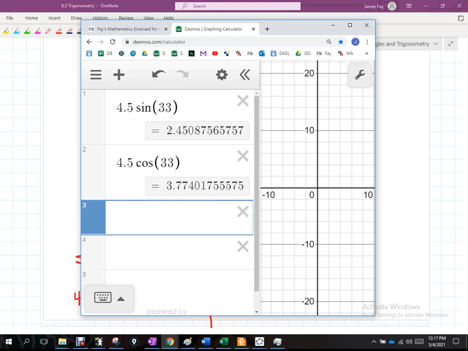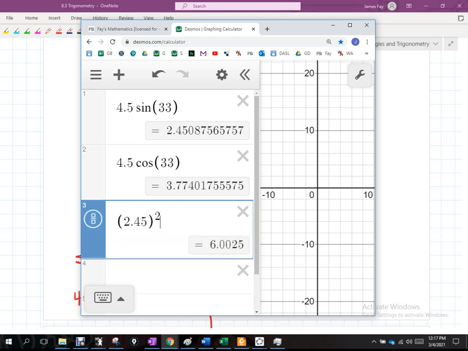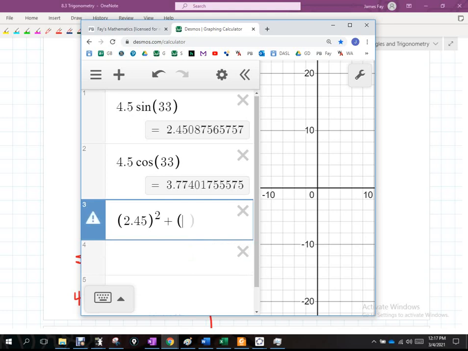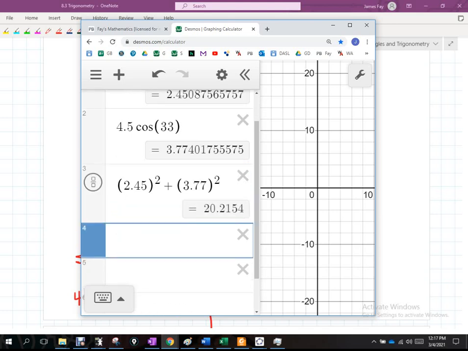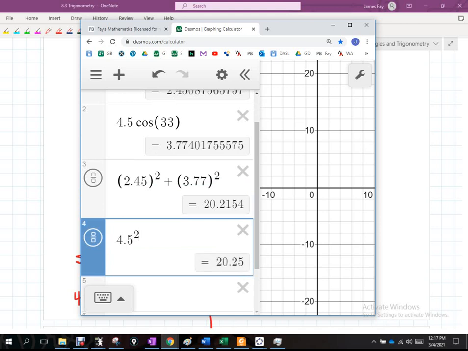Shouldn't then 2.45 squared, because that was the leg, plus 3.77 squared equal the same thing as 4.5 squared? Does that make sense? Now, why are they different here when I do that?